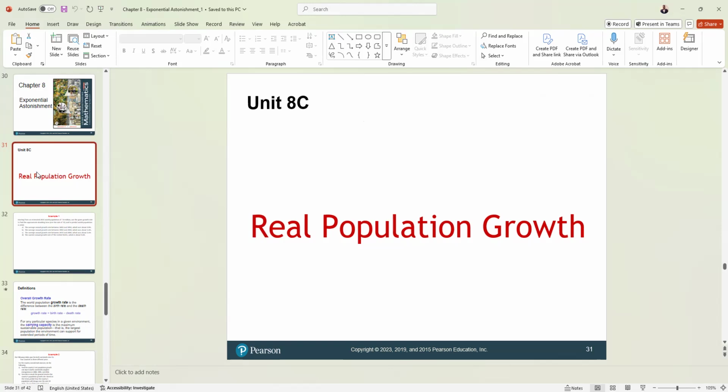And it continued growing slowly to about 500 million people by, I believe, 1650. Yes, 1650. Exponential growth set in with the Industrial Revolution. Remember the Industrial Revolution?